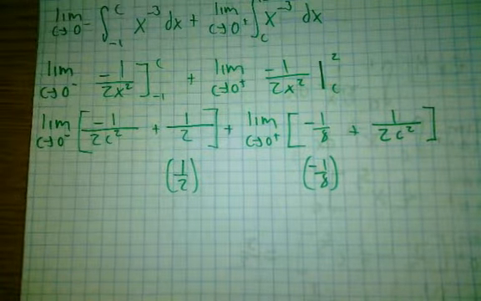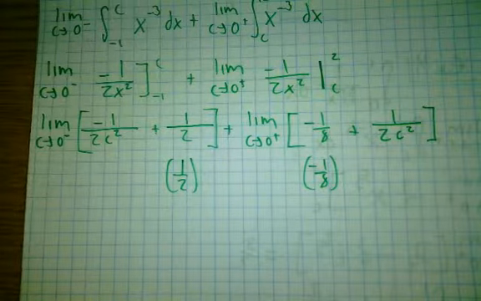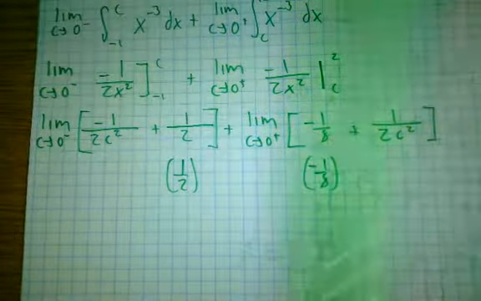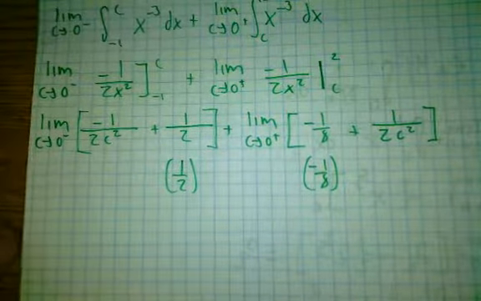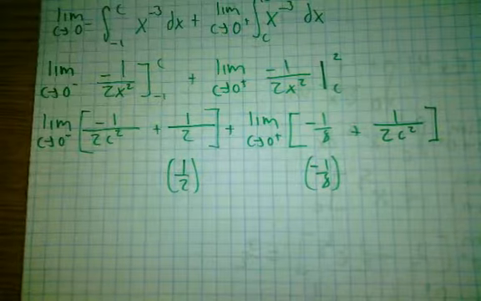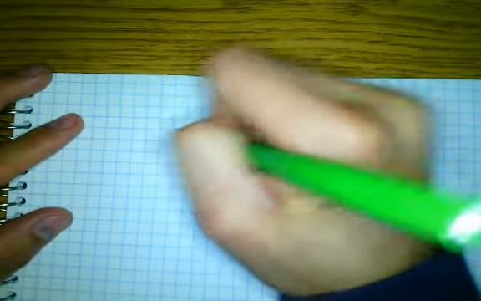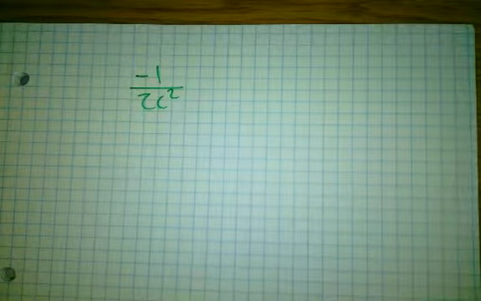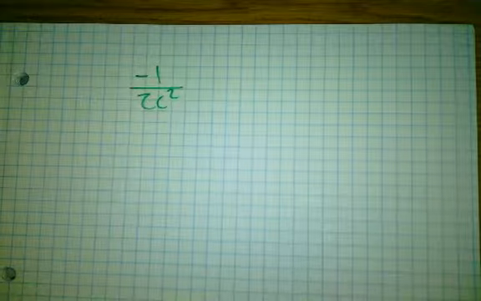Now, here is where, again, you should have a relatively good knowledge of what graphs look like. Forget the beginning problem. Here's where you're at. You have this, right? Negative 1 over 2c squared. If you were to graph that, just pretend that's an x. Is that okay?